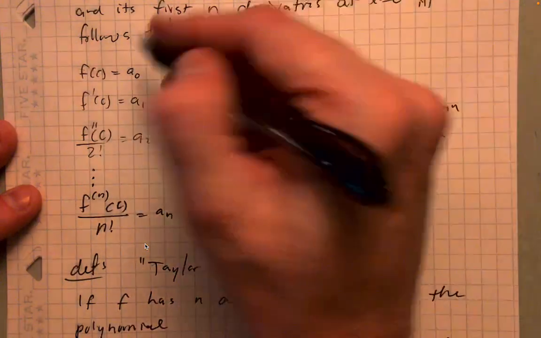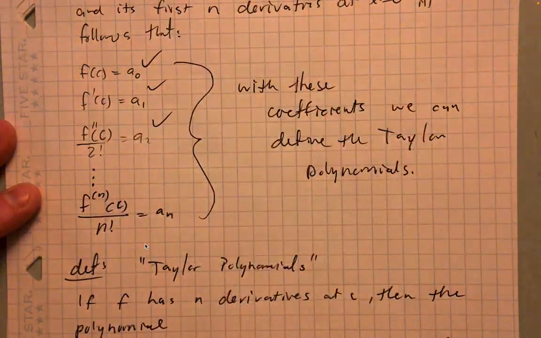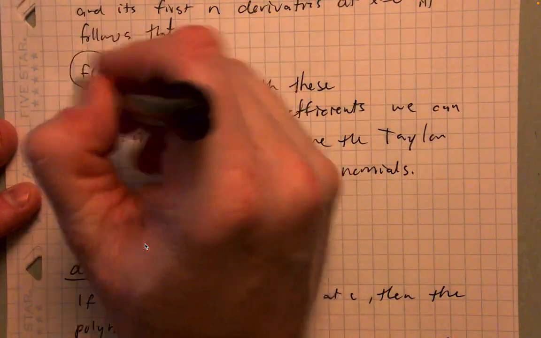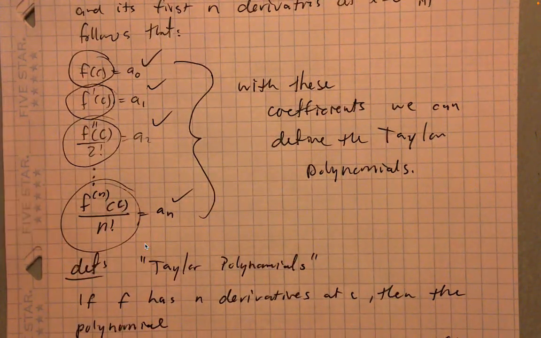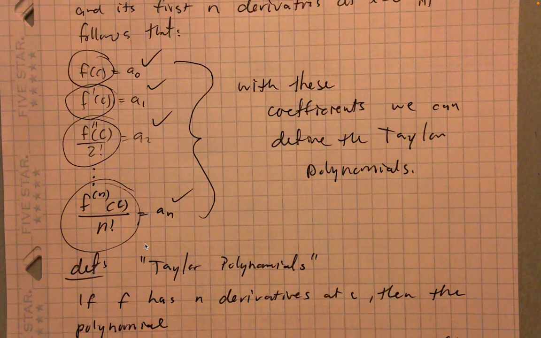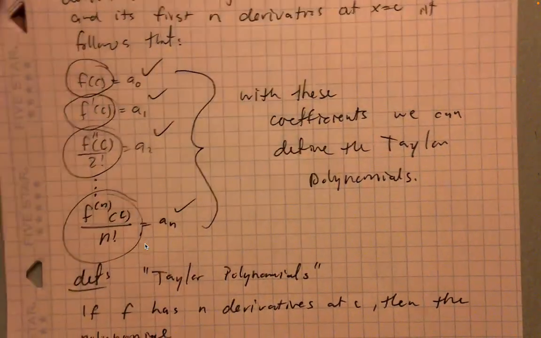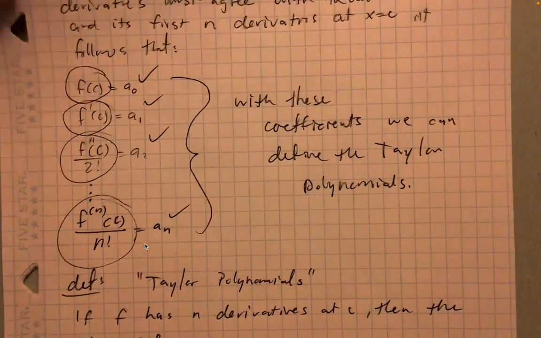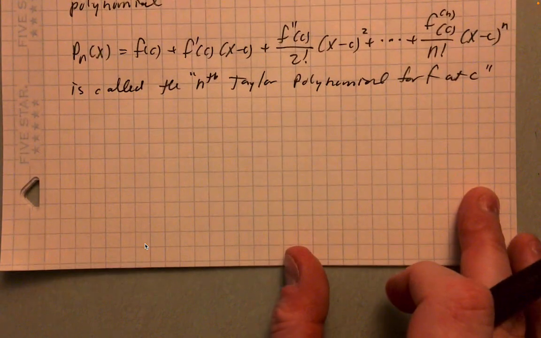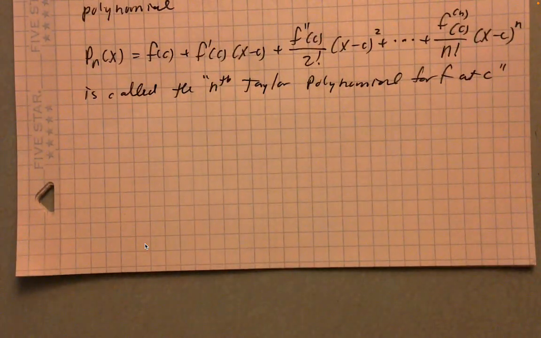Instead of having a1 through a of n laid in there, we define the coefficients as the ith derivative of f evaluated at c divided by i factorial. That's a more convenient way to think about it because it's function agnostic. It doesn't matter what function it is.